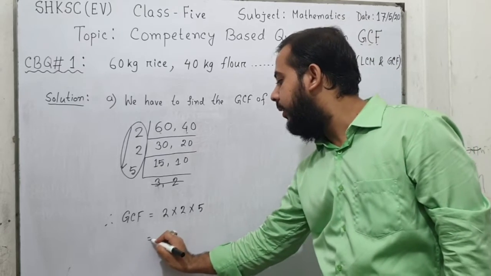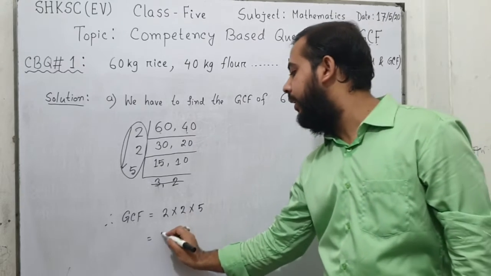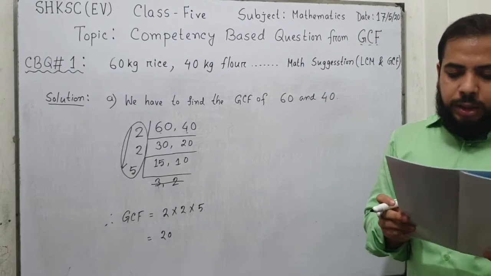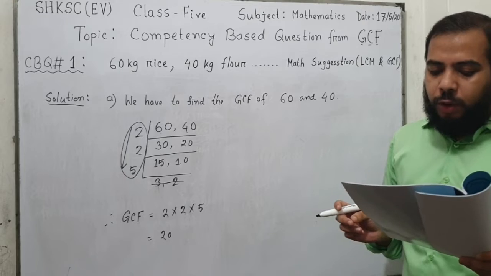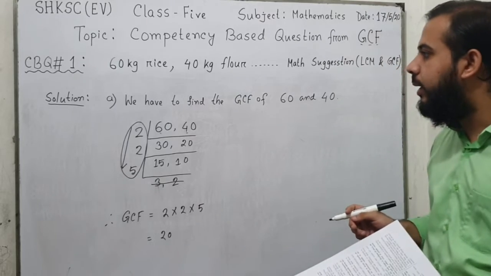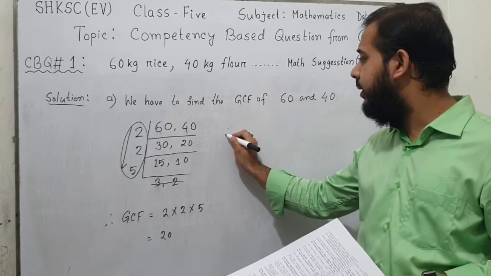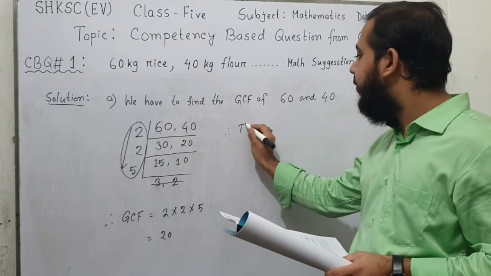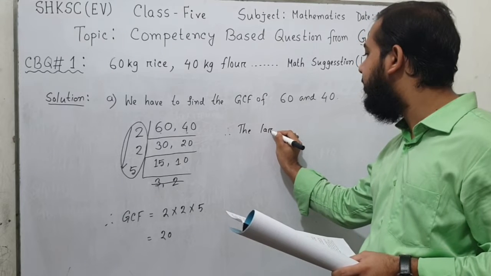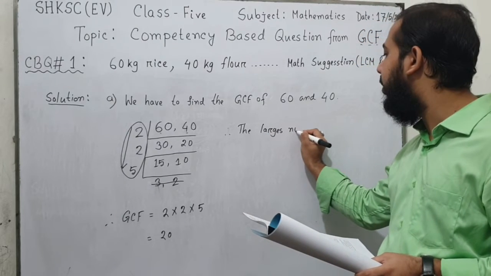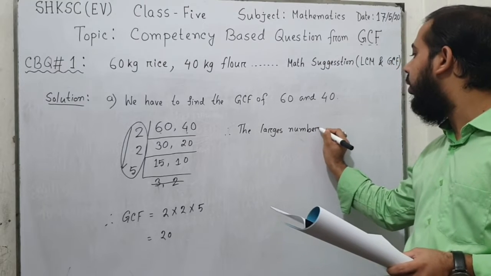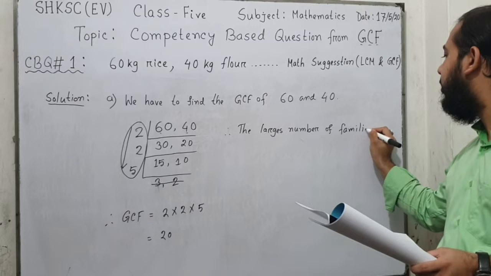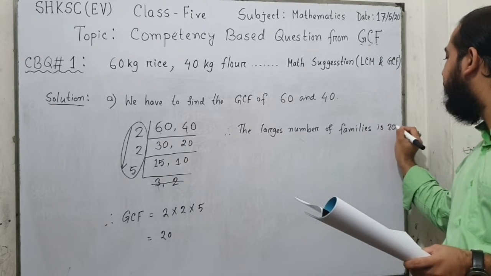So what is the answer? 2 times 2 is 4, 4 times 5 is 20. What is the question? What is the largest number of families among whom rice and flour can be divided equally? So finally we can write the answer: the largest number of families is 20.